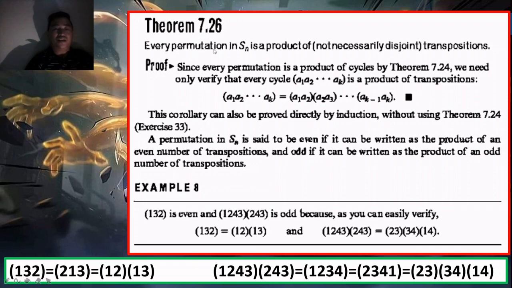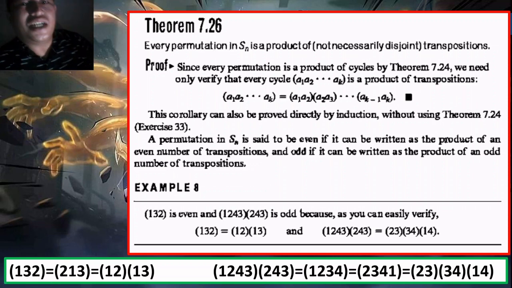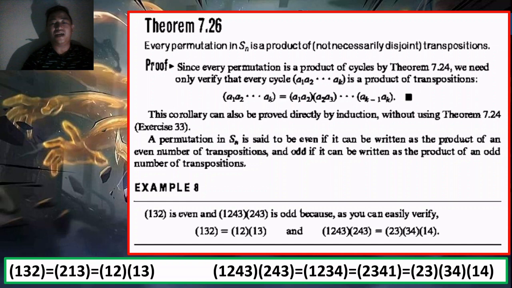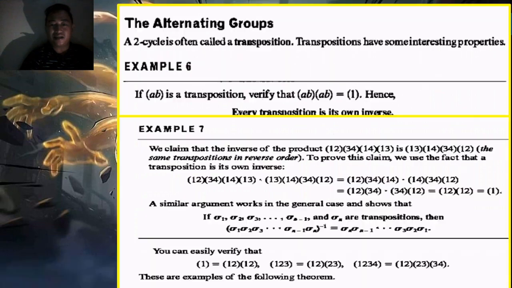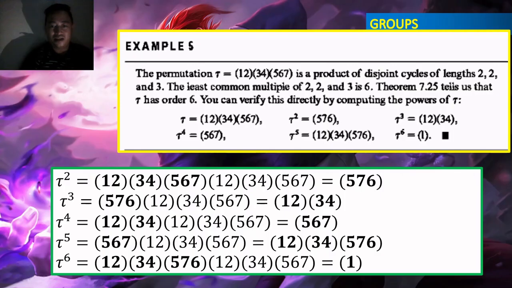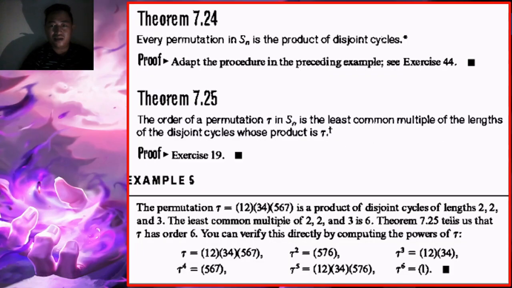Theorem 7.26: every permutation in Sn is a product of not necessarily disjoint transpositions. Earlier, every permutation in Sn is a product of disjoint cycles.